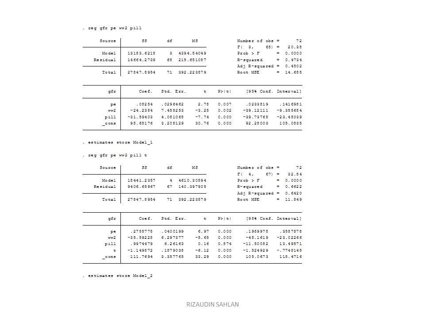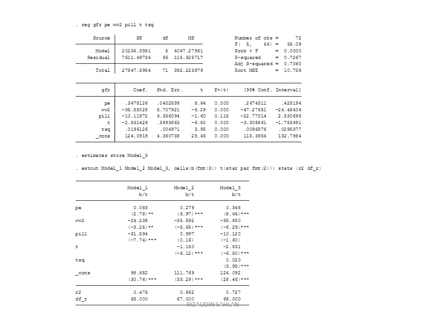This slide is the result for model 1 and model 2, where model 1 does not include the time variable, and in model 2 we include the time variable, while the last one, model 3, has the quadratic time trend. The last table summarizes model 1, model 2 and model 3 in one table.